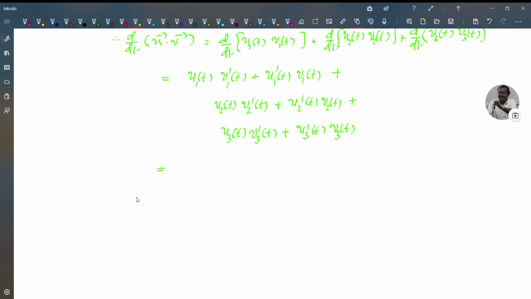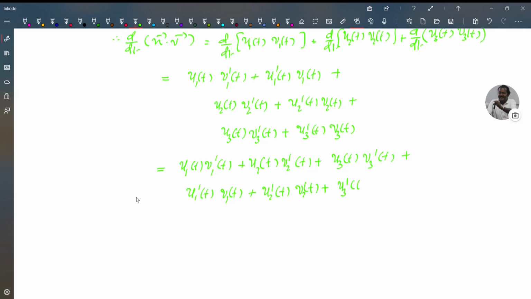So this is equal to u1 of t into v1 prime of t plus u2 of t into v2 prime of t plus u3 of t into v3 prime of t plus u1 prime of t into v1 of t plus u2 prime of t into v2 of t plus u3 prime of t into v3 of t.